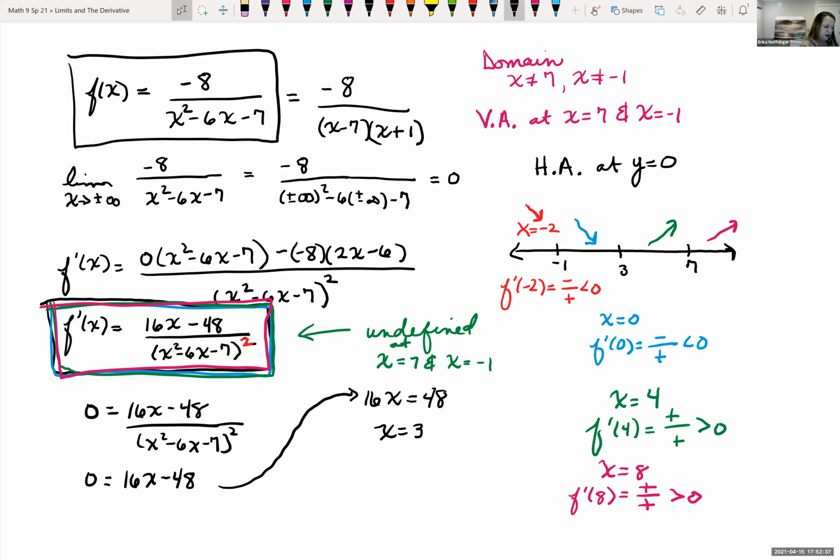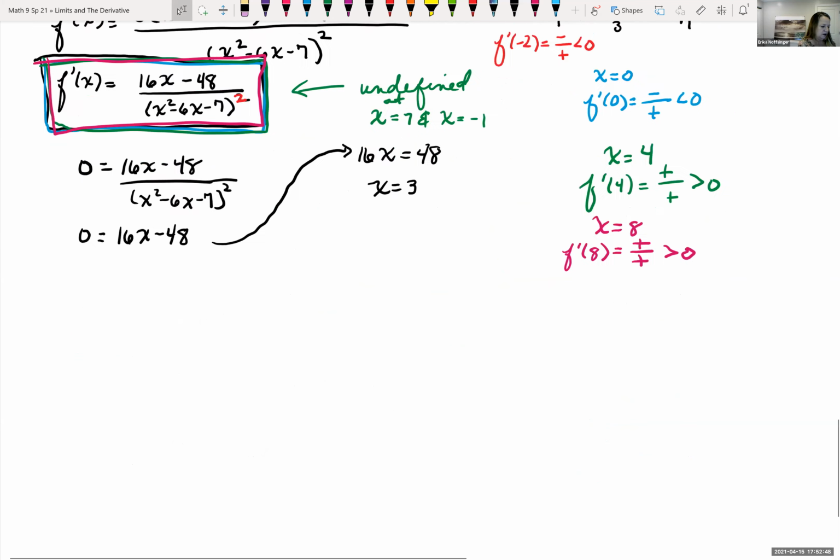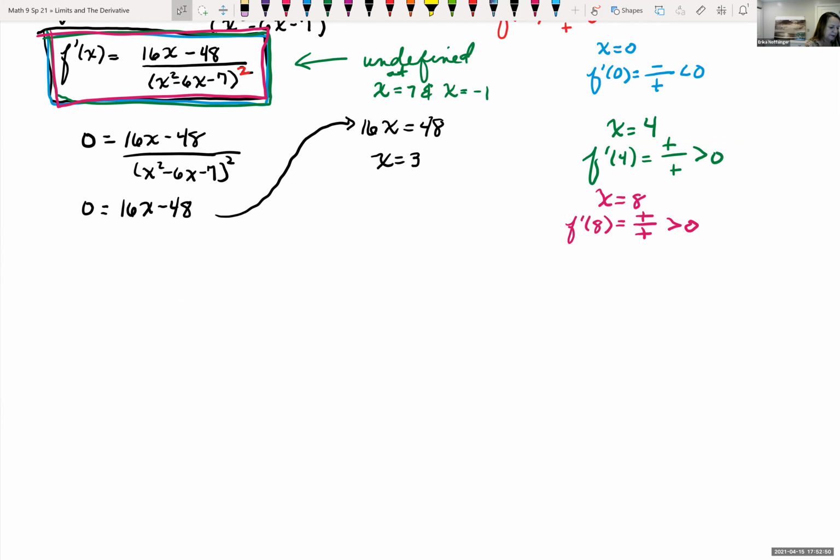So now we know where it's increasing and decreasing. We need to figure out what the second derivative is to find concavity. So for the second derivative, I'm going to have to use the quotient rule.